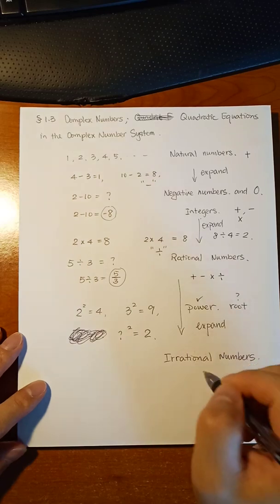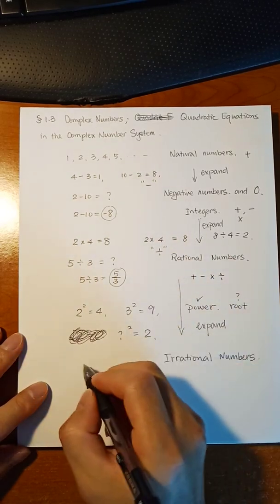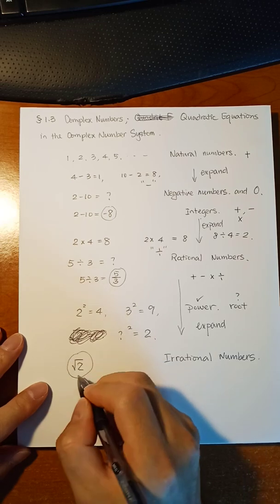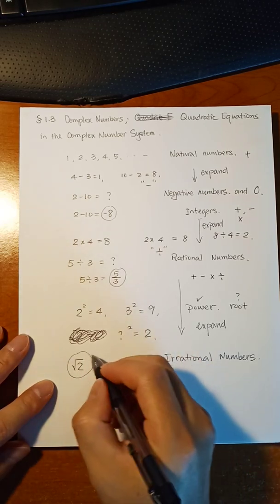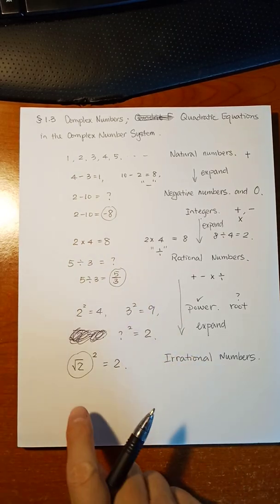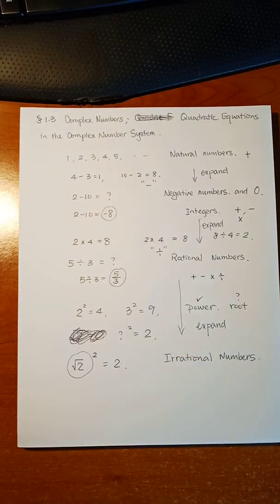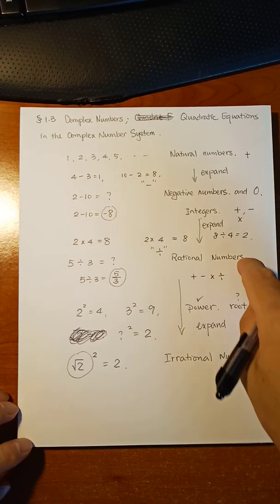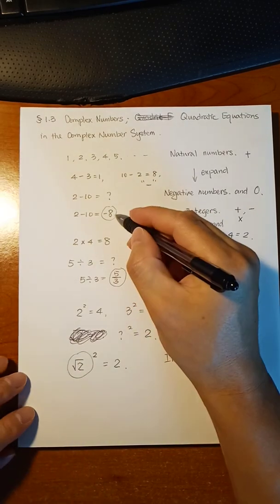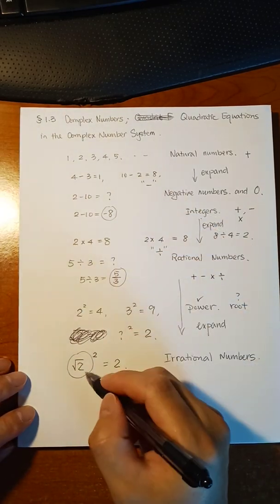So I'm trying to say here, I'm going to create a new symbol. You see, square root of 2. I say its square is equal to 2. This one is not a rational number. It's an irrational number. Okay? So when we try to expand this number system, we always keep creating new symbols.